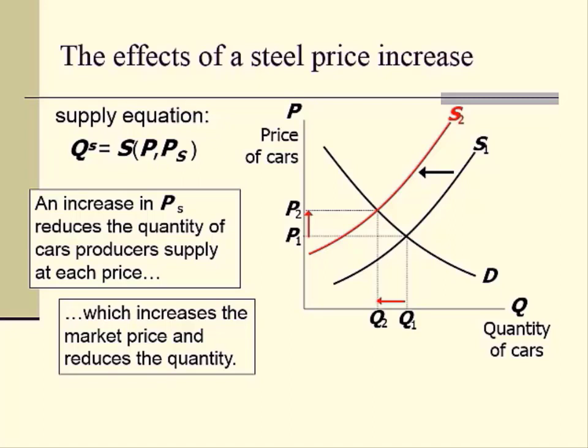This will lead to the price increasing from P1 to P2, while quantity decreases from Q1 to Q2. So this model shows you that an exogenous shock, such as an increase in the price of inputs like steel, would lead to a decrease in supply. This will lead to an increase in the price of new cars and the equilibrium quantity, that is, the amount of sales, to decrease from Q1 to Q2 of new cars.